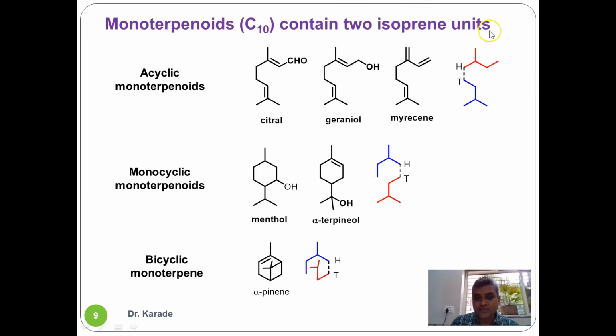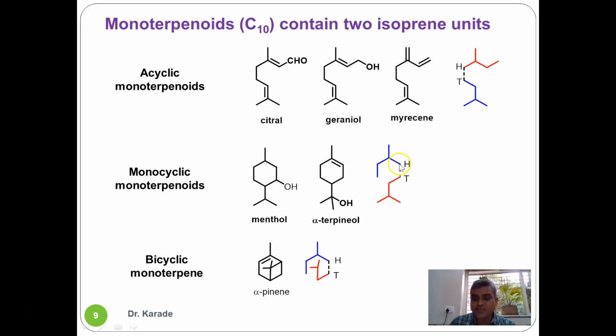Monoterpenoids contain 2 isoprene units and can be acyclic, monocyclic or bicyclic. Citral, geraniol and myrcene are examples of acyclic monoterpenoids; let us ignore the double bonds and functional groups here. It is made up of 10 carbon atoms, so this is one isoprene unit containing 5 carbon atoms, and this is another isoprene unit containing 5 carbon atoms. Here the head, the branched portion, is connected to the tail.